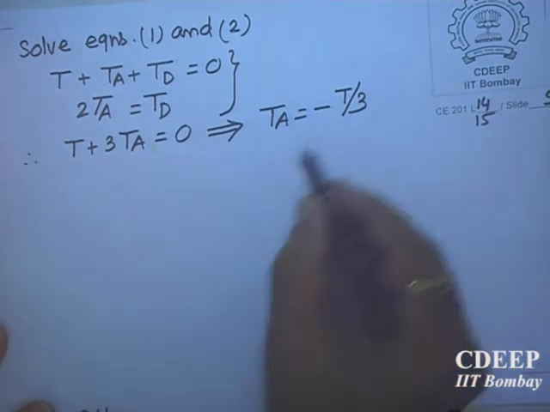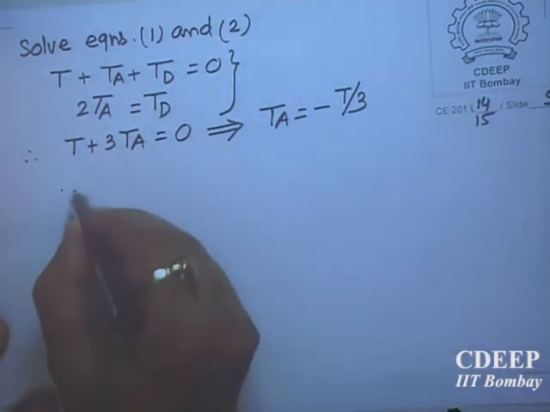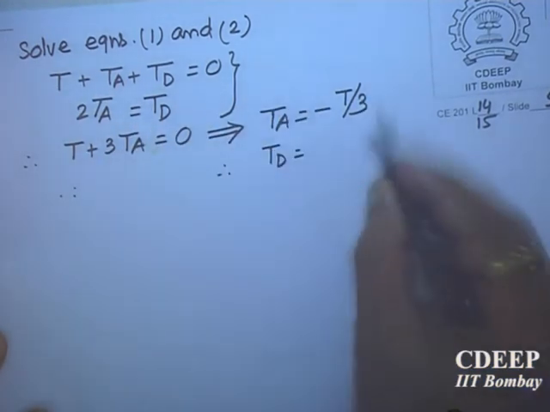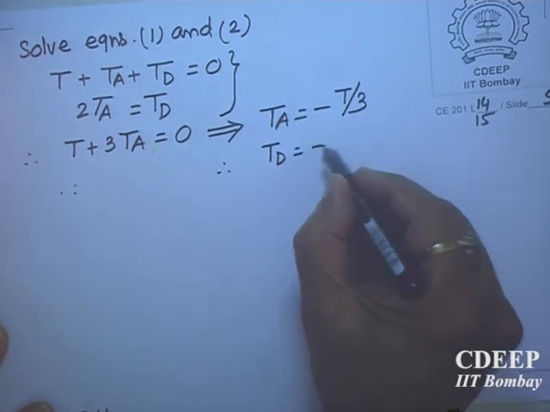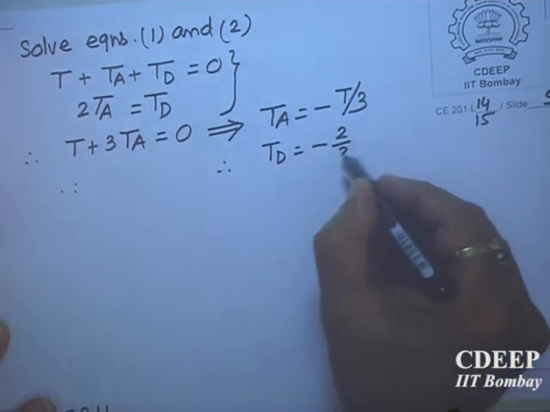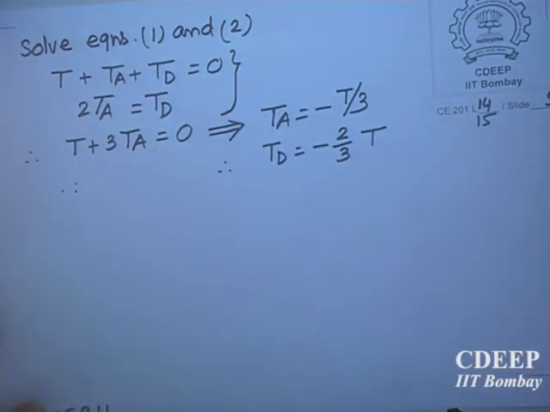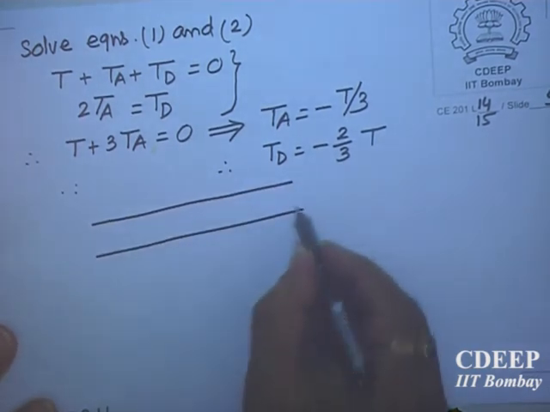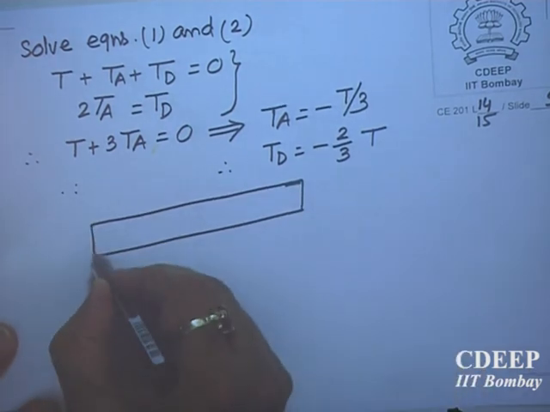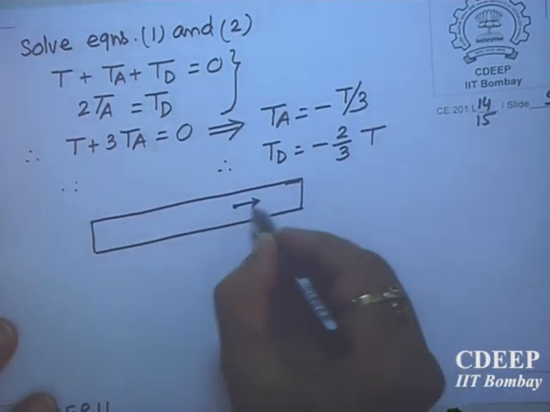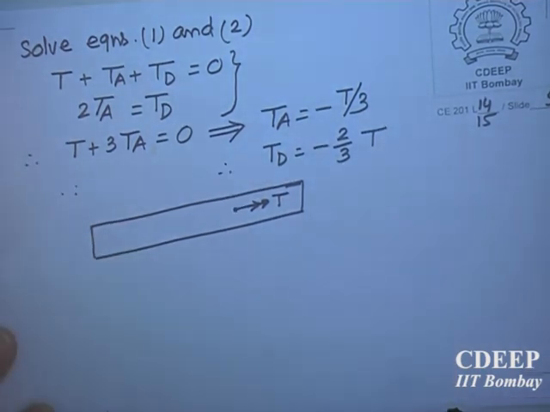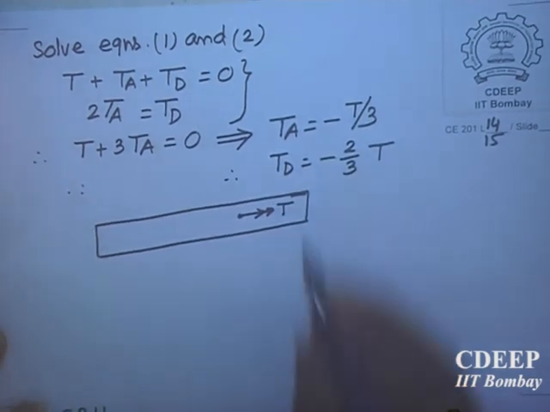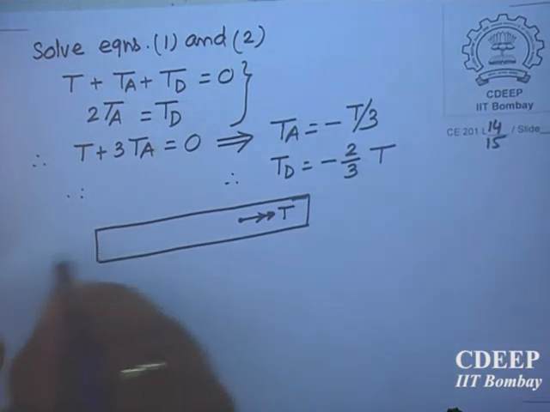And from 2, TD will be 2 times TA, again minus 2/3 T. So you have got a rod now, of total length L, with 2/3 T, and then the reactions are... we had assumed a direction here as positive in x direction.